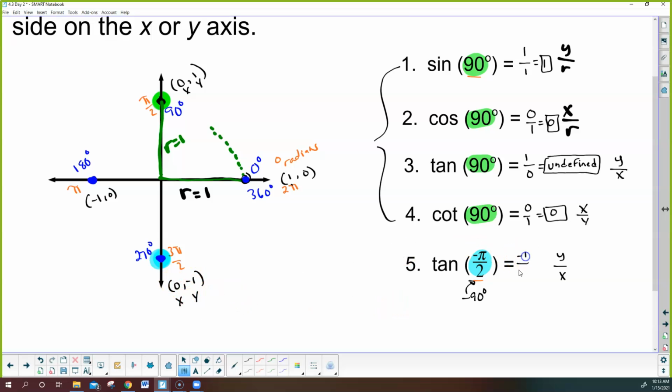So negative 1 over 0. And then we actually end up with that same divide by 0, which we can't do. So we are undefined at that value.